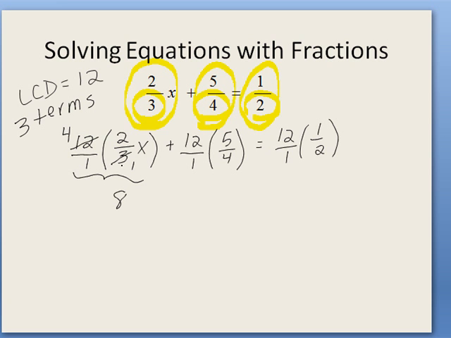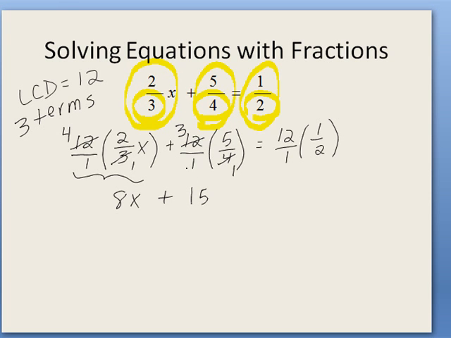And on the bottom you have 1 times 1, which is just 1, so I can just write this as 8x. Bring down my plus sign. 4 comes out of itself once, 4 comes out of 12 3 times, and then I need to multiply 3 times 5, which is 15.